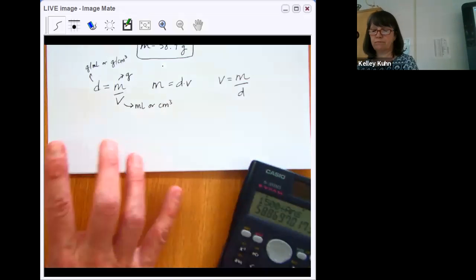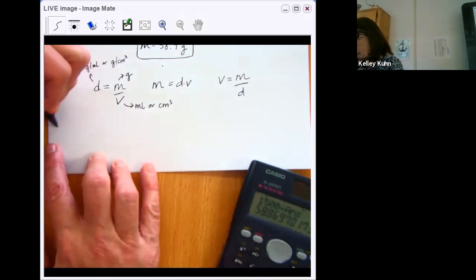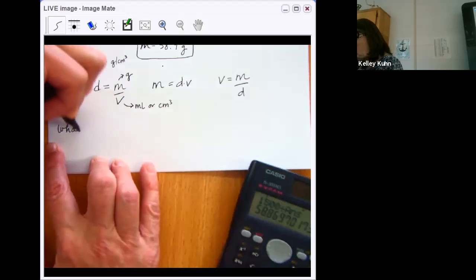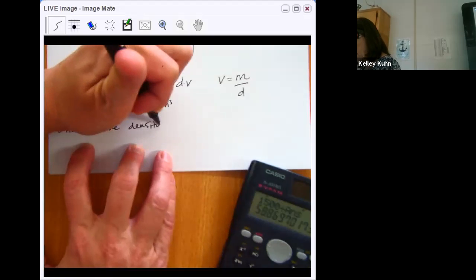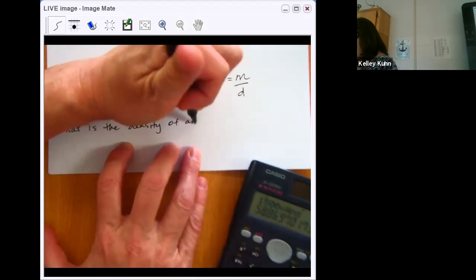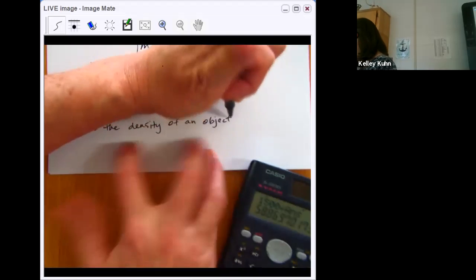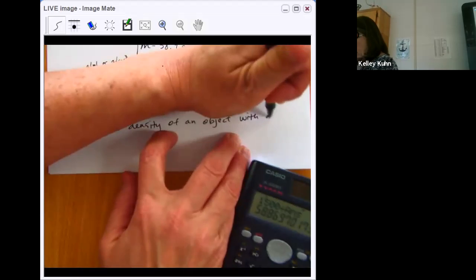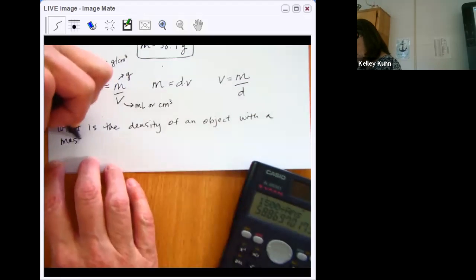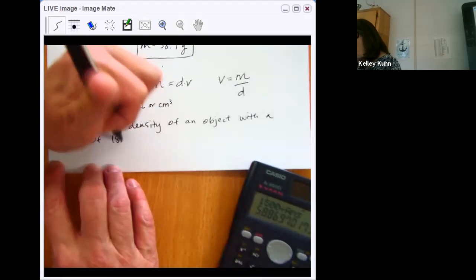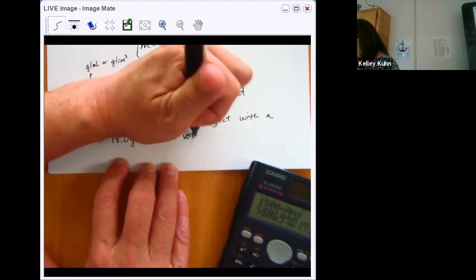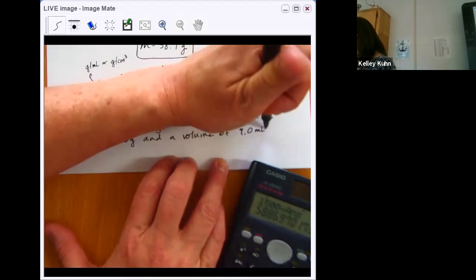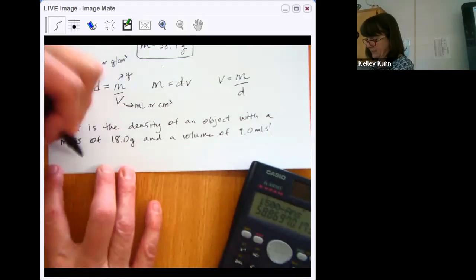So, for example, if I was asked, what is the density of an object with a mass of 18 grams and a volume of 9 mils, I'm simply going to use my density formula.